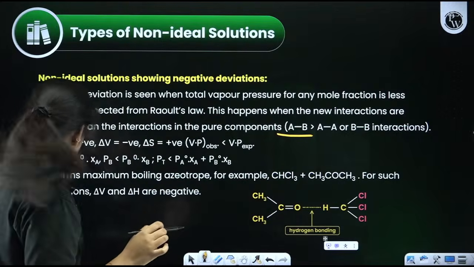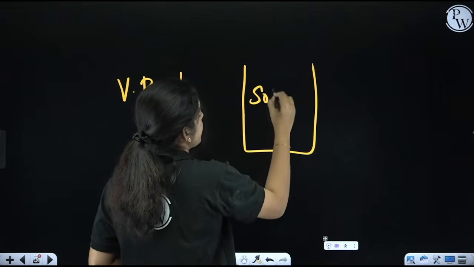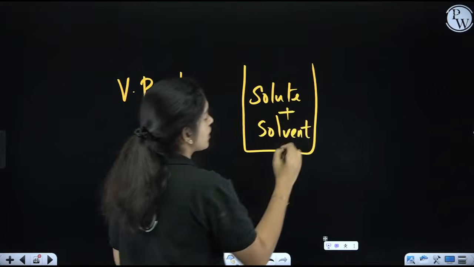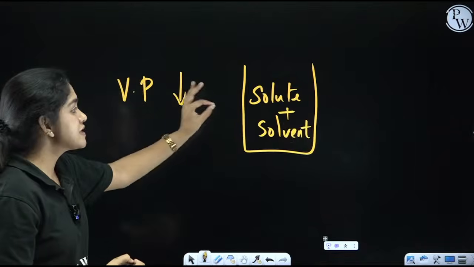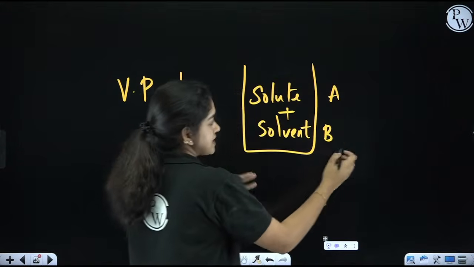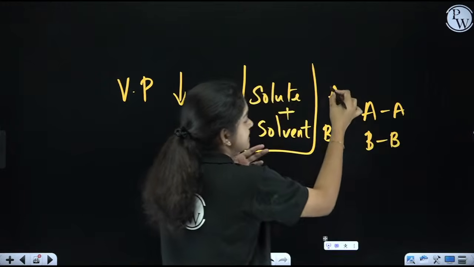When the vapor pressure is low, we can write like AB interaction. What is AB interaction? We know for making a solution, there will be solute and solvent, right? Solute will be there, solvent will be there. When solute and solvent mix together, they will form a solution. So solute, we can write A. Solvent is B. They will form an interaction, that is AA interaction is there, BB interaction is there, and they will mix together.